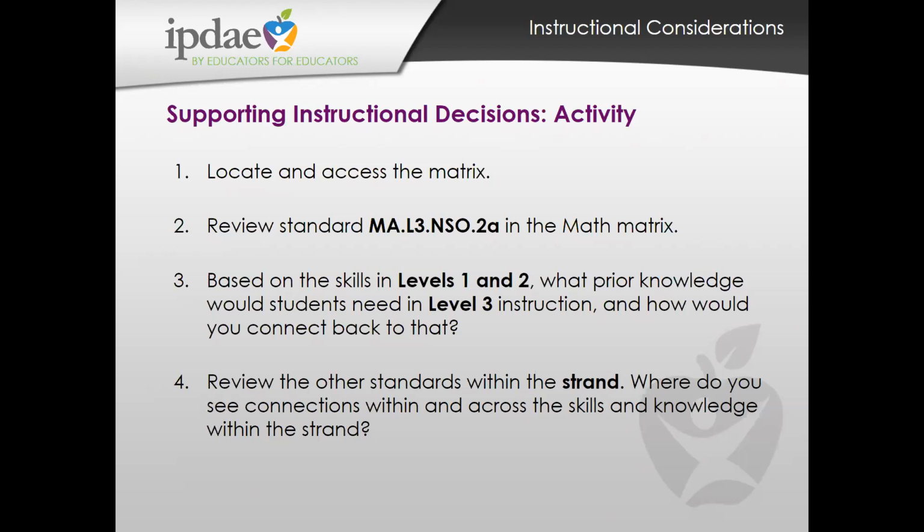Once you've zeroed in on that standard, I want you to look first at the skills in level 1 and 2. What prior knowledge would your students need in order to tackle how this standard is articulated at level 3? And how might you connect back to those skills or that necessary prior knowledge?